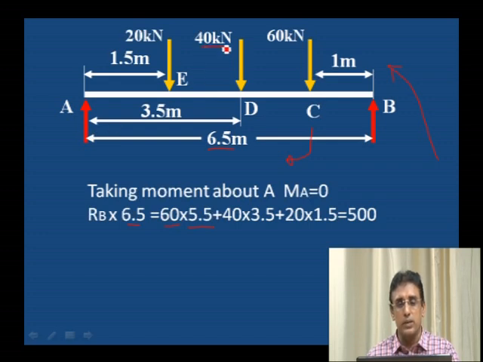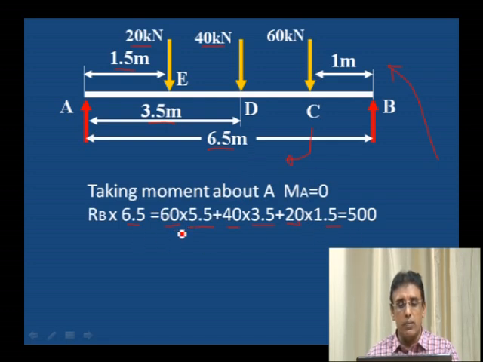Next load is 40 kilonewton, 40 into 3.5. Then 20 kilonewton, 20 into distance 1.5. So 60 into 5.5 plus 40 into 3.5 plus 20 into 1.5.